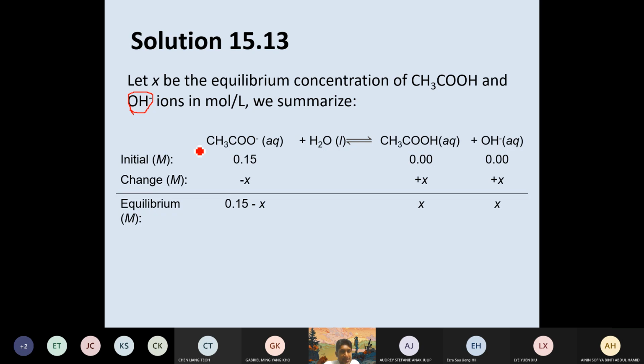Right. So acetate ion has been produced, and hydroxyl ion. Since it also came from a weak acid, the 100% is not going to change. A little bit of it will be hydrolyzed.